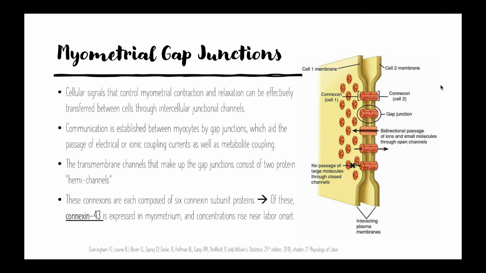The transmembrane channels that make up the gap junctions consist of two protein hemichannels. These connexons are each composed of six connexin subunit proteins, and of these, connexin 43 is expressed in the myometrium and concentrations rise near labor onset.